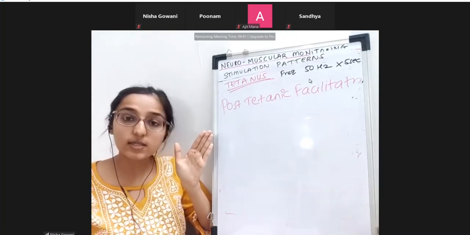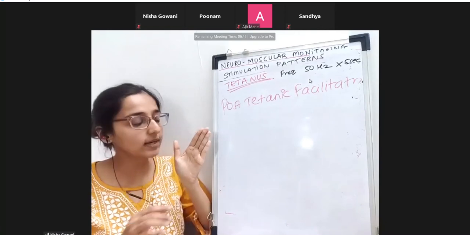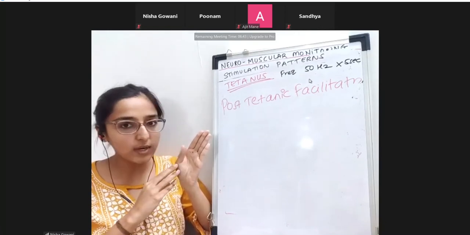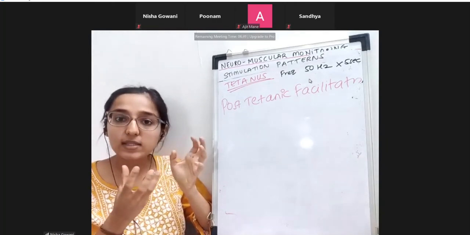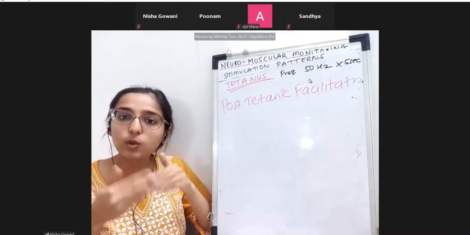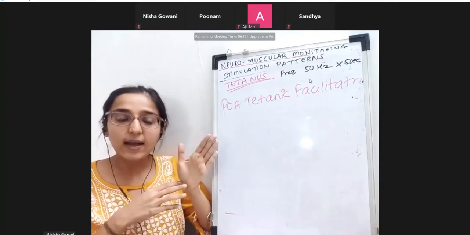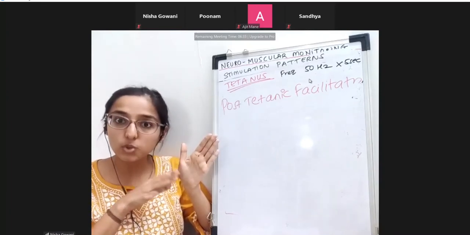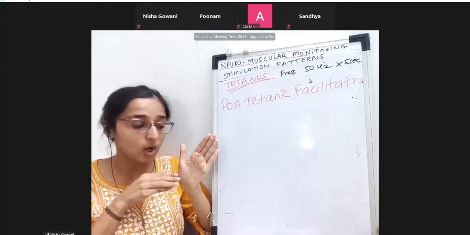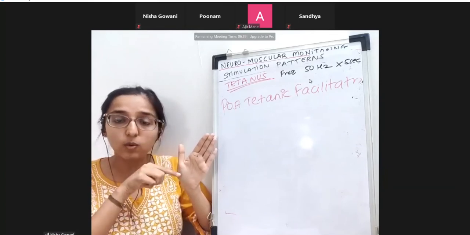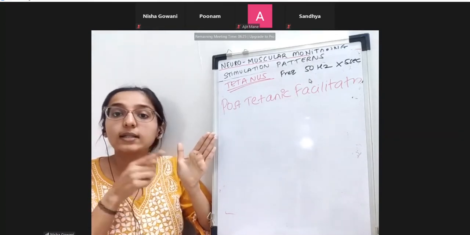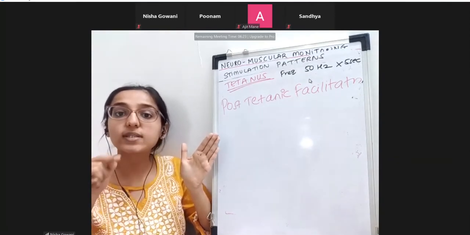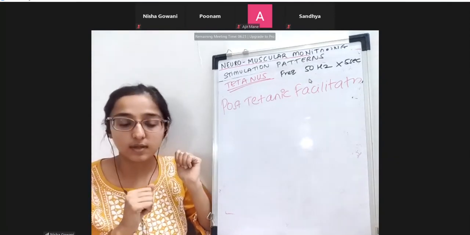This is post-tetanic potentiation. It means that during this tetanus period of 5 seconds, so much acetylcholine came and collected in the neuromuscular junction that once it goes into relaxed mode, there is still so much acetylcholine present there. So the next current which came caused an even stronger contraction. That is why this is known as post-tetanic facilitation. Is this understood?